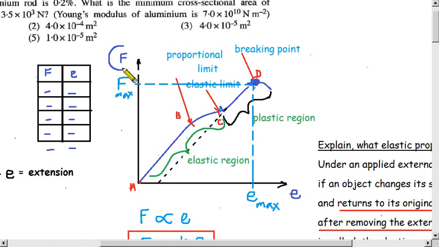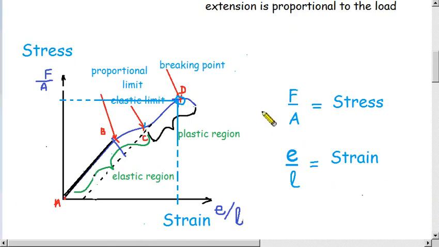Here we took F for the y-axis and E, meaning extension, for the x-axis. But we can plot another graph from which we can obtain more useful results. Children, instead of taking just F on the y-axis and E on the x-axis, we divide F by A, where A means cross-sectional area, and take that to the y-axis.